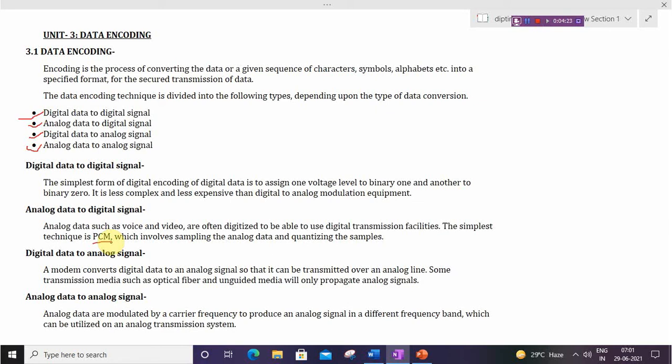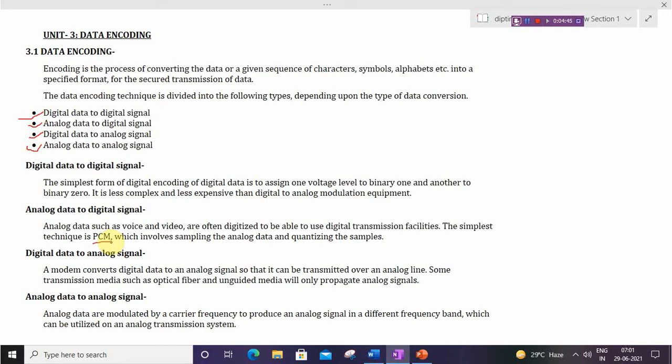And the last encoding procedure is analog data to analog signal. Analog data are modulated by a carrier frequency to produce an analog signal in a different frequency band, which can be utilized on an analog transmission system.